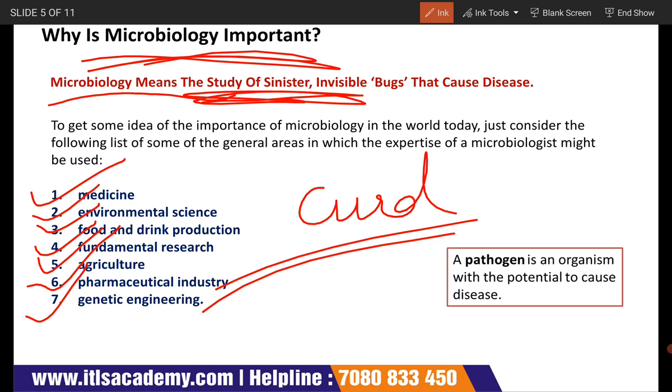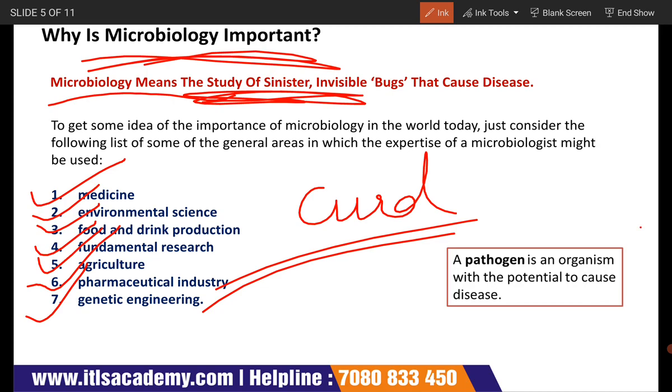So they are allowing the pharmacist to discover antimicrobial drugs that would prevent the future accelerating number of communicable diseases.